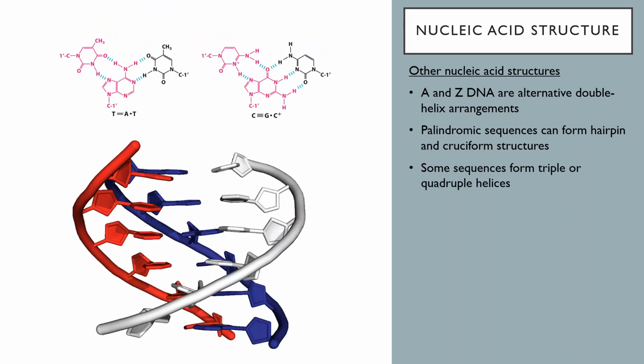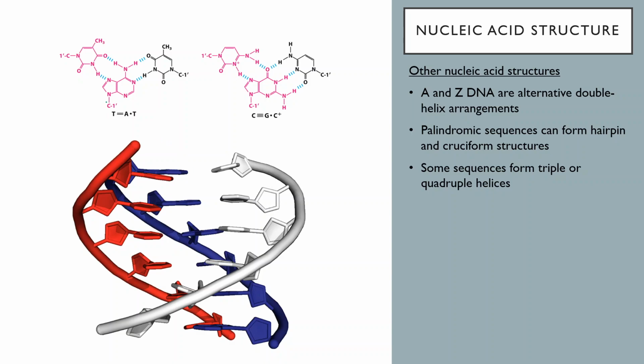And then there are even more complicated structures that can form with special DNA sequences. So you can actually form triple or quadruple helices. A triple helix would be 3 strands that wrap around each other, but only with certain base compositions.